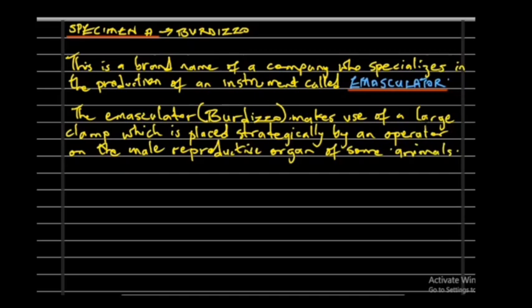And this is done to cut or crush their sperm ducts that lead to the testicles. This is done to crush or sever the sperm ducts that lead into the testicle.